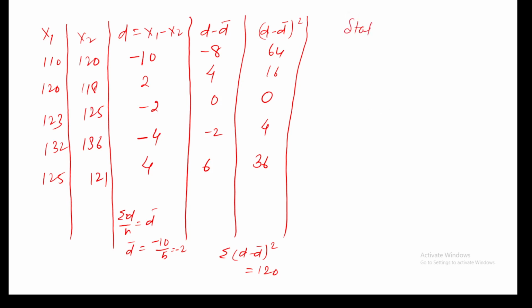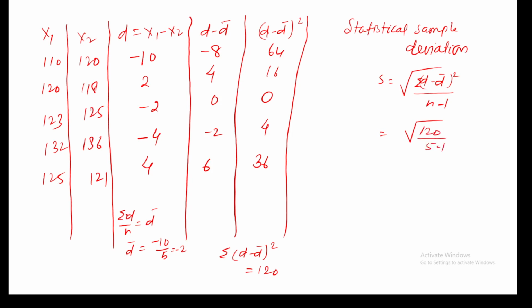Now we will calculate the sample standard deviation. That will be s is equal to the square root of the summation of d minus d bar whole square, this is 120, upon 5 minus 1, so s came 5.477. Now we can calculate t is equal to d bar upon s by root n.